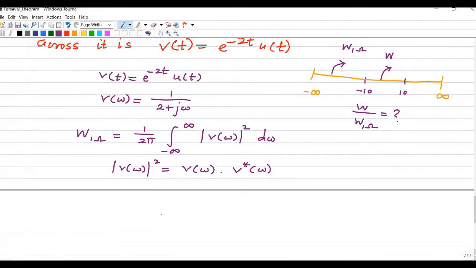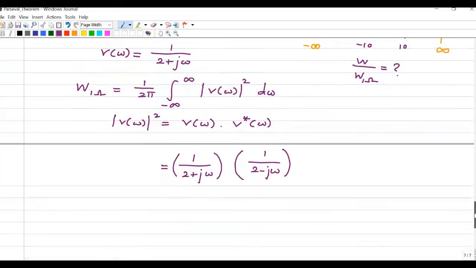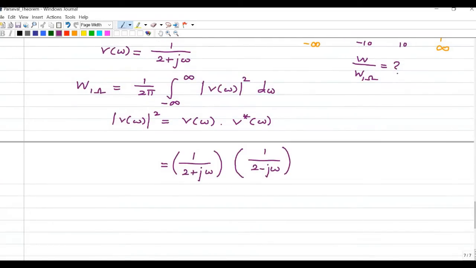So let me substitute. V of omega is 1 over 2 plus j omega, multiplied by 1 over 2 minus j omega. So what is the result of this?